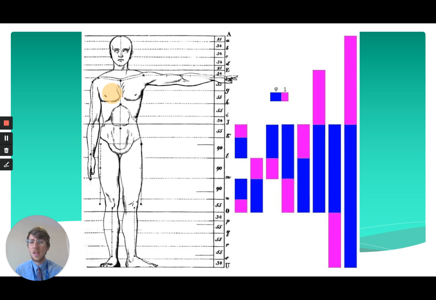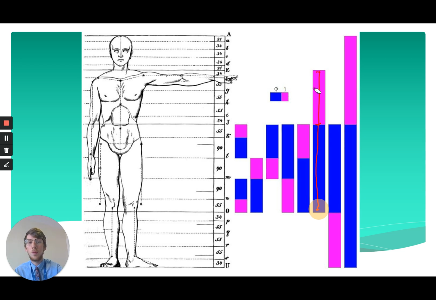Okay, and like I said, it also occurs in us, in the human body. The human body is full of the golden ratio, and that's what we're going to be exploring today. So if you look at this diagram here, the pink lines represent one unit, and that unit can be anything. So that's one part. The blue part is the golden ratio part, the phi part.